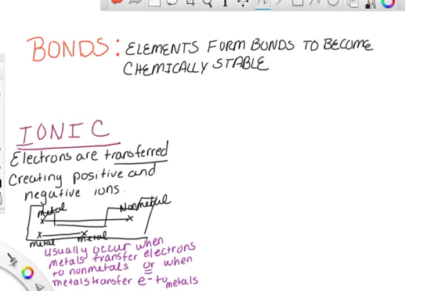So then let's look at covalent bonds. Because the second type of bond is a covalent bond. Okay, and these are when electrons are shared.